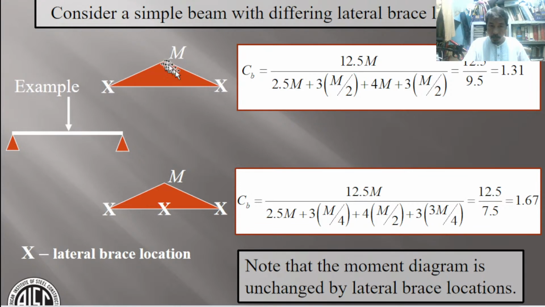Because we have a concentrated load, that is the moment diagram. If we have additional bracing, we have the following. We can just cancel out M because we have the same value.